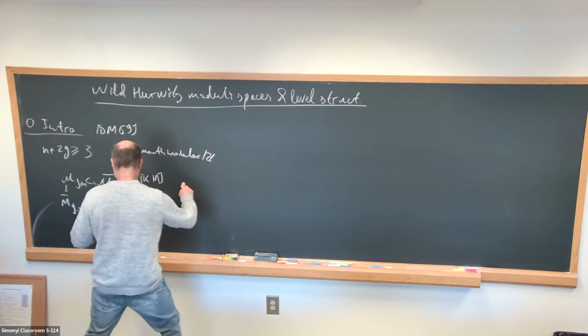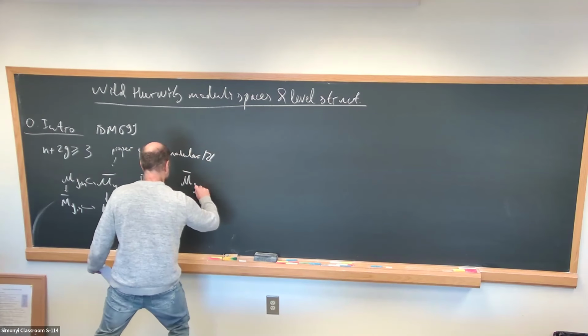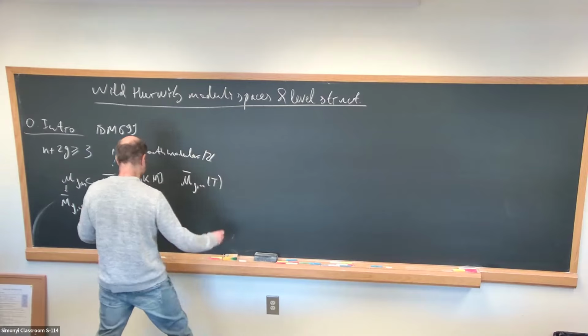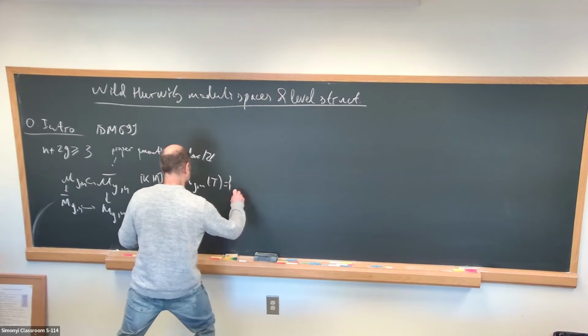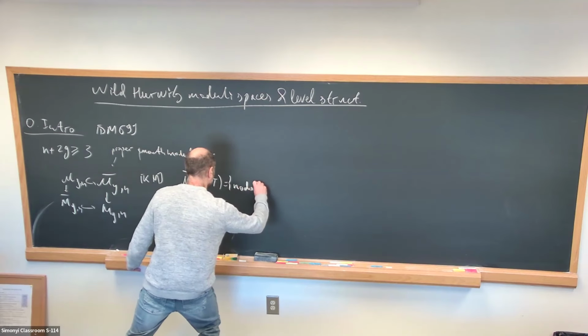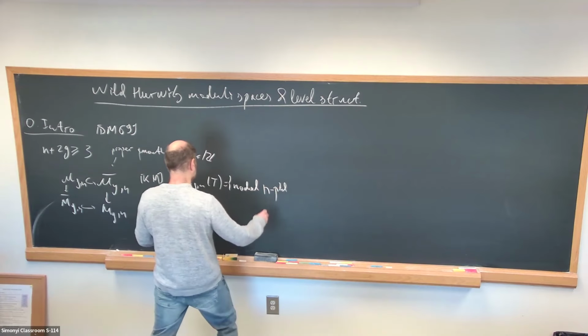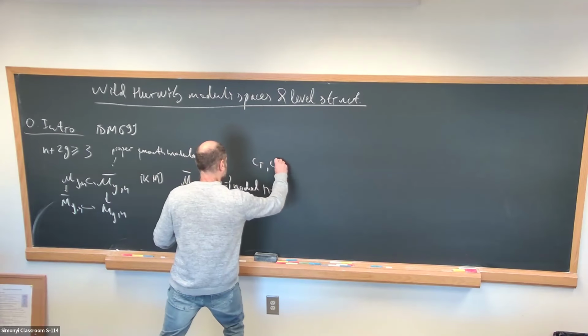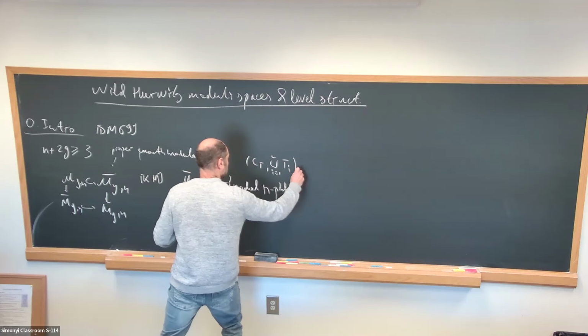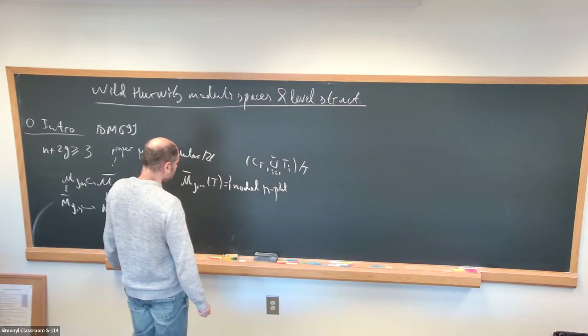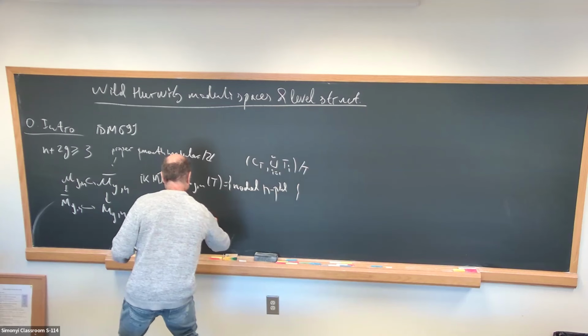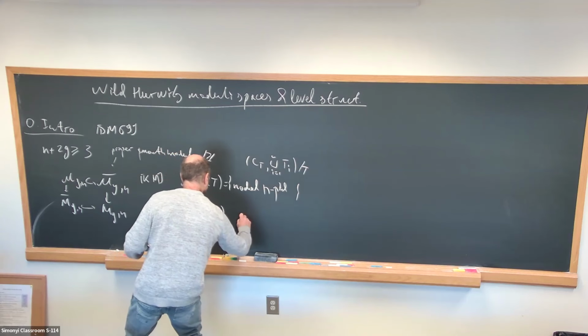And this time, this guy parameterizes nodal n-pointed curves C_T and union of T_i over T. And this guy parameterizes smooth ones.